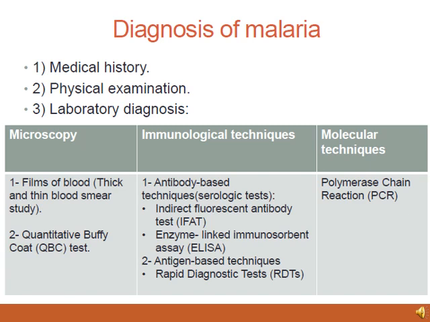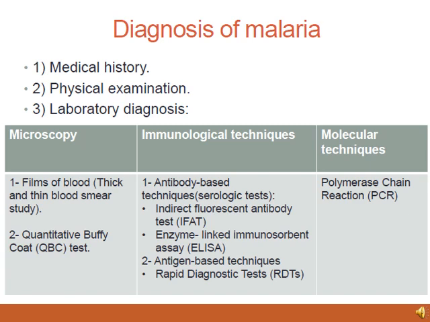The most important tests we order in routine are the thick and thin smears to see the malarial parasites. Then immunological techniques are also there to help in the diagnosis of malaria. These are antibody based and antigen based.